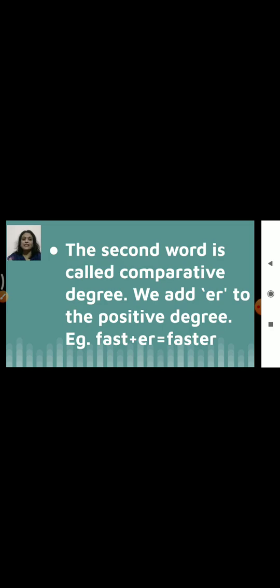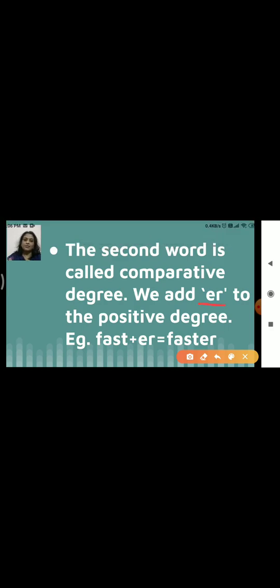What is it called? Comparative degree. We add ER to the positive degree, that is fast. Fast plus ER, we got the word faster.